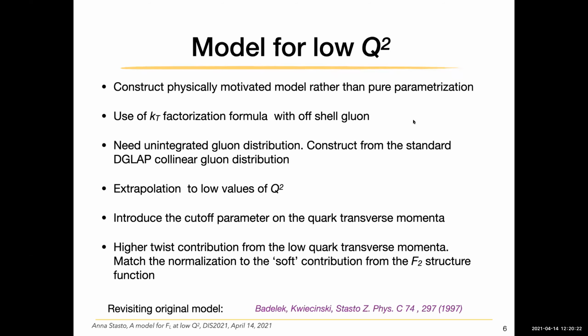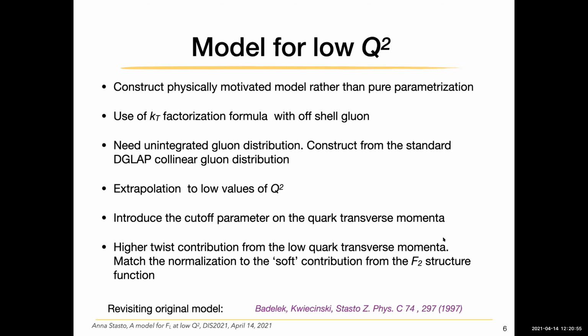We use the kT factorization formula with the off-shell gluon density. Then we have a parameterization of this unintegrated gluon distribution, which in this particular case we construct from the standard DGLAP collinear distribution. Then we perform the extrapolation to low values of Q square by separating the regions of the quark transverse momenta into low and high regions.